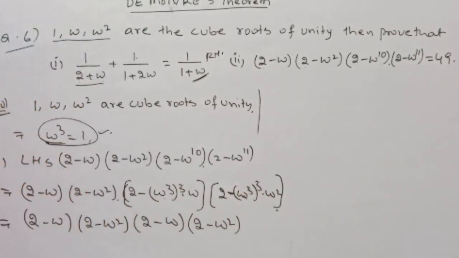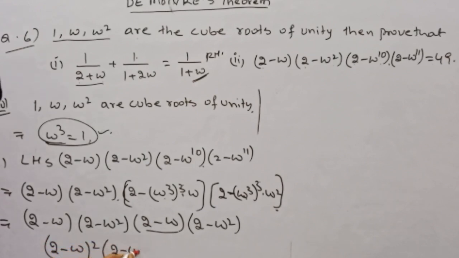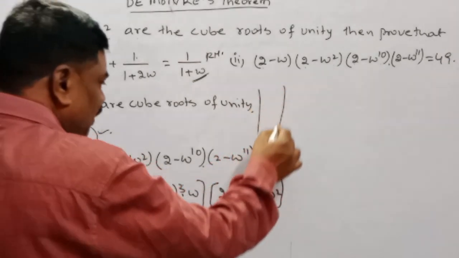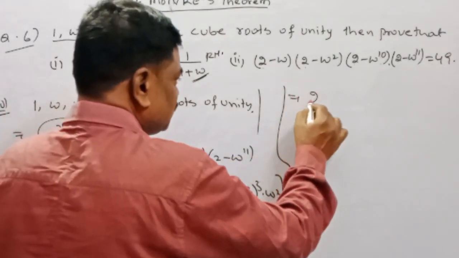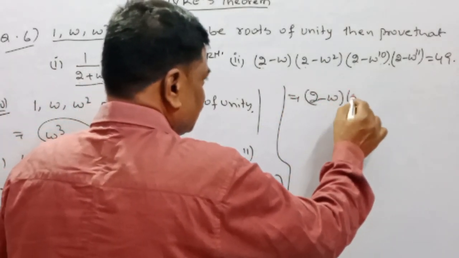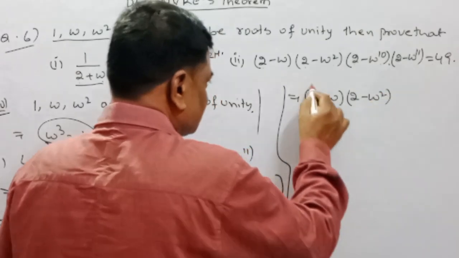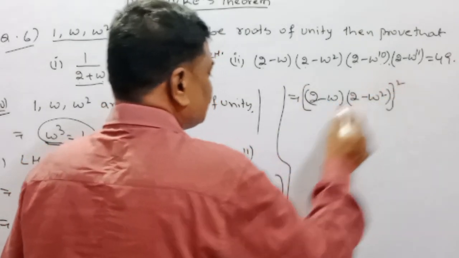So we get (2 minus omega) twice and (2 minus omega square) twice: (2 minus omega) whole square into (2 minus omega square) whole square. Then we have to multiply this one. This implies [(2 minus omega) into (2 minus omega square)] whole square.